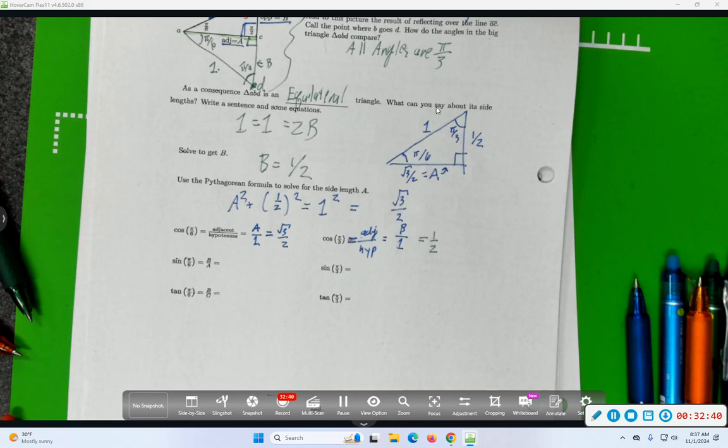Think we could figure out the remaining trig functions right now? So what's the sine of pi over 6?